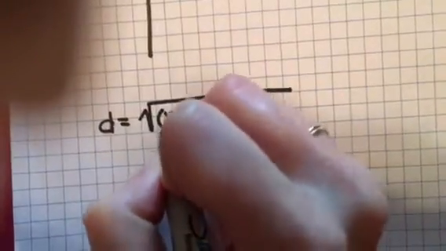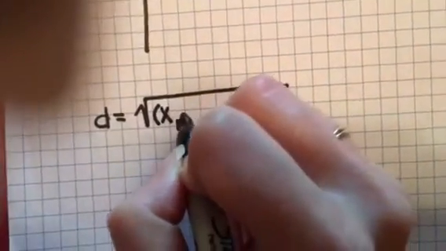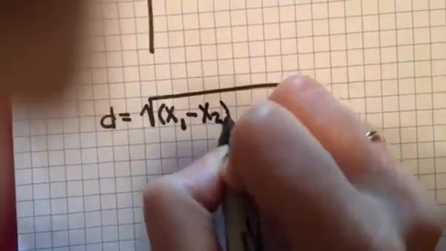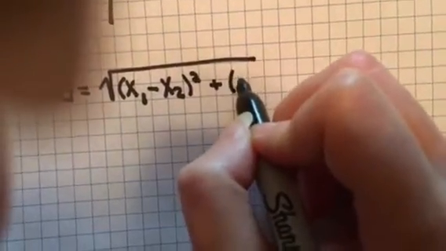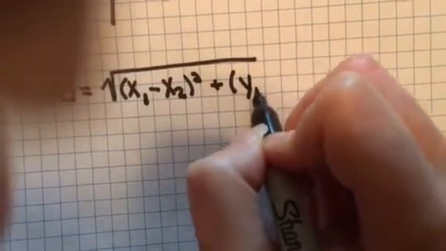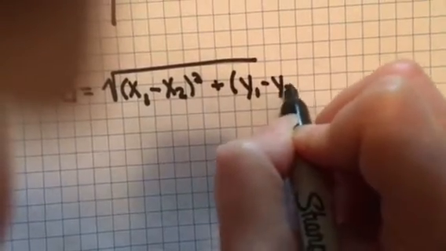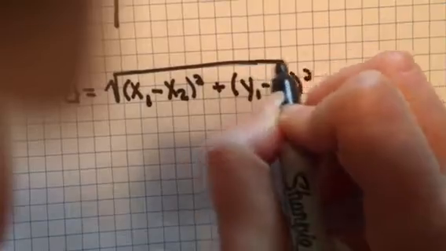So the distance formula says the distance we're looking for equals the square root of our first x-coordinate minus our second x-coordinate, and we square that, plus the difference of our first y-coordinate minus our second y-coordinate, and then we square that.